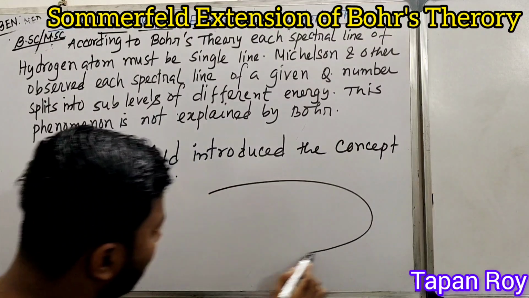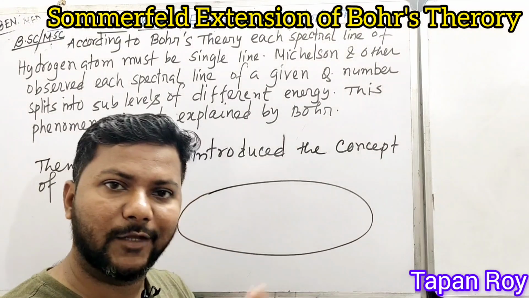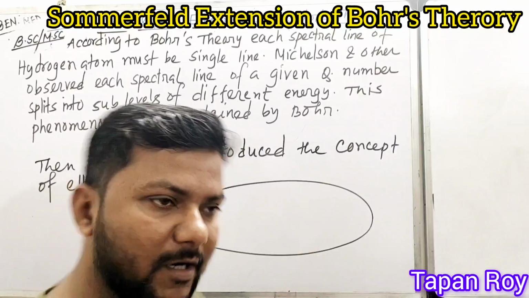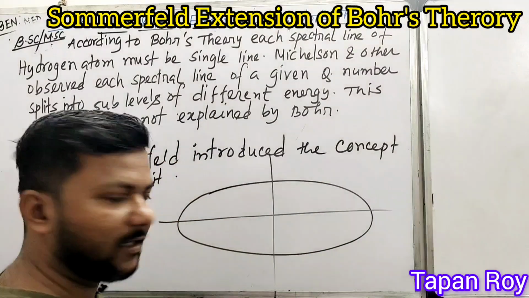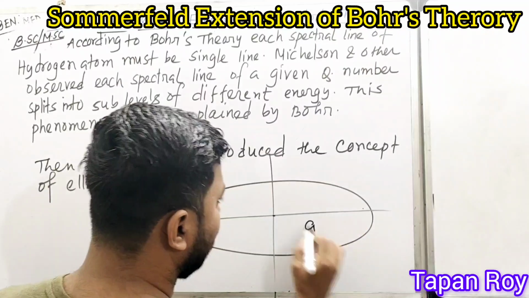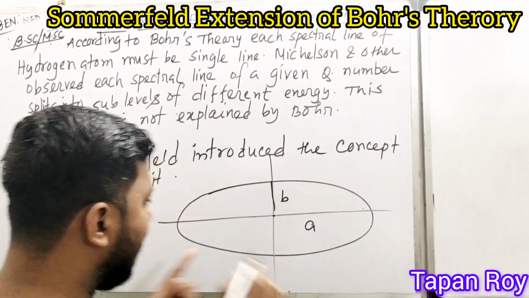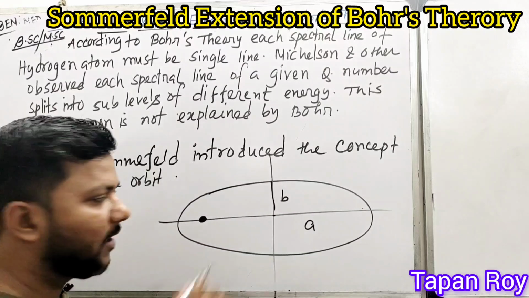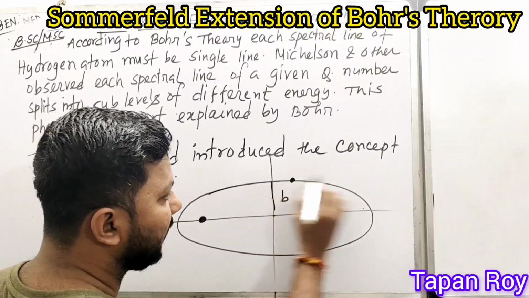So this is the elliptical path, and in an elliptical orbit there are two axes: one is the semi-major axis and the other is the semi-minor axis. This is the semi-major axis A, this is the semi-minor axis B, and the nucleus is at one of its foci. Suppose this is the electron revolving in this path.